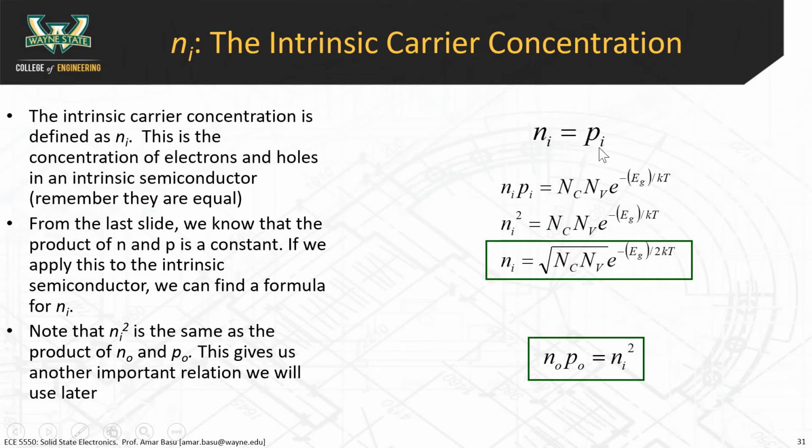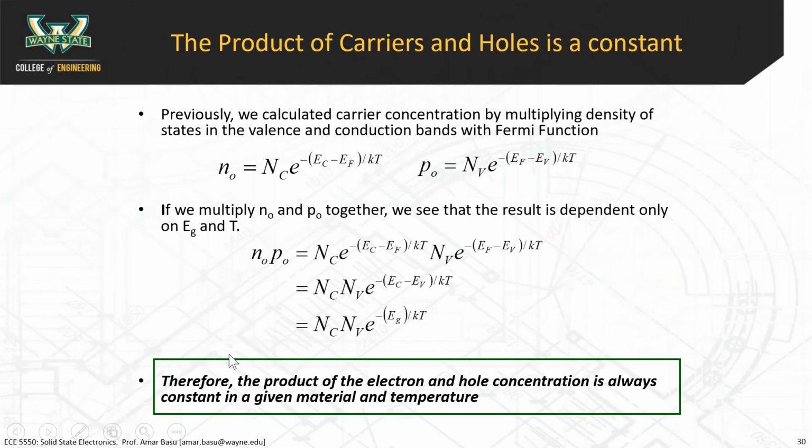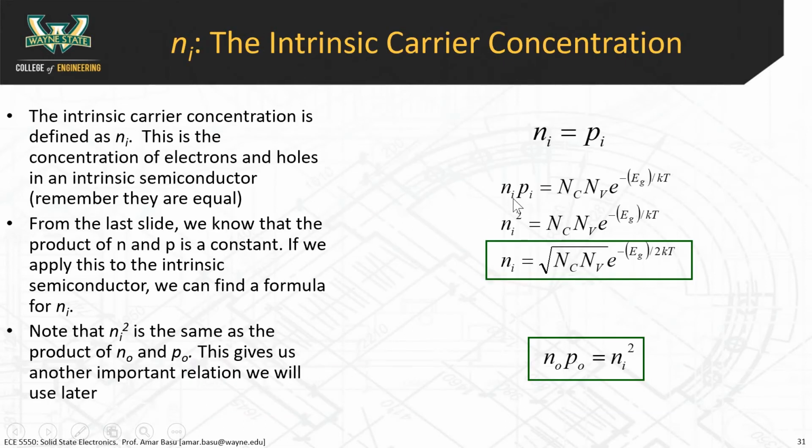The n and p are equal to each other. So if we do the same thing as we did on the previous slide, we multiply them together, ni times pi, we get NC NV exponential of the band gap over kT, right? And so we're defining ni times pi is equal to ni squared. And then when you take the square root of that, you get a formula for ni.